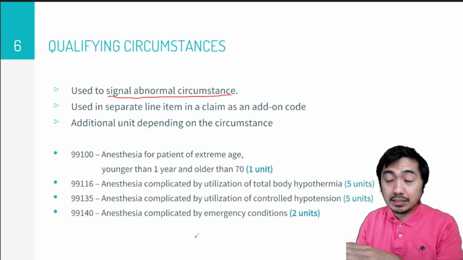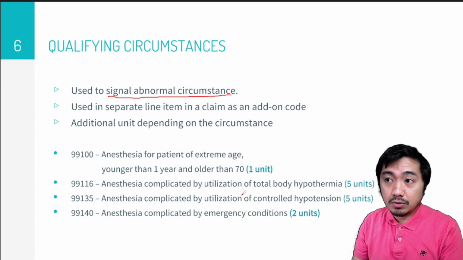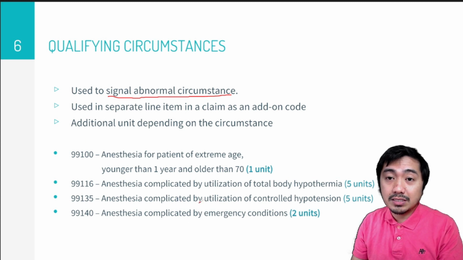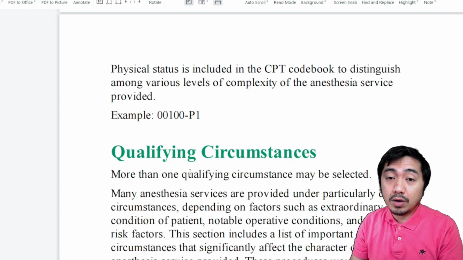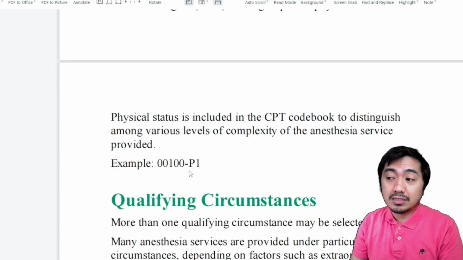Because your qualifying circumstances here provide additional units in conjunction with your anesthesia procedures, okay? So just check the abnormal circumstance of the patient during the administration of the anesthesia, okay? So please take note about this. It is located right after your P1 to P6 physical status modifiers.